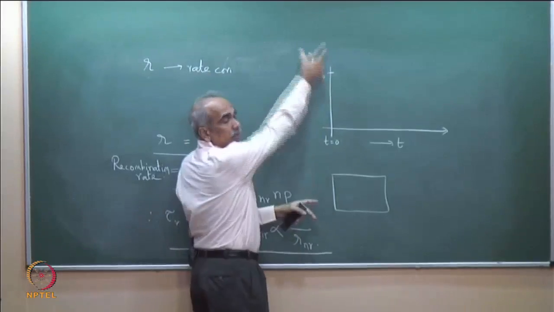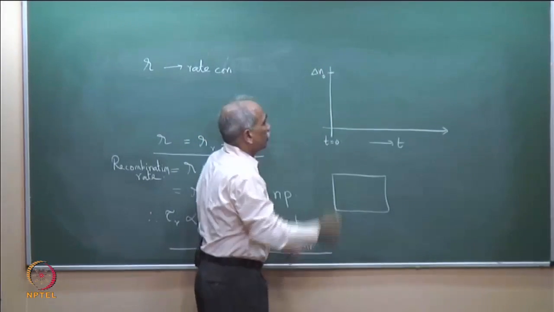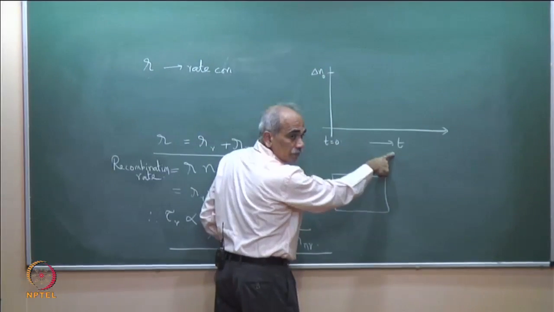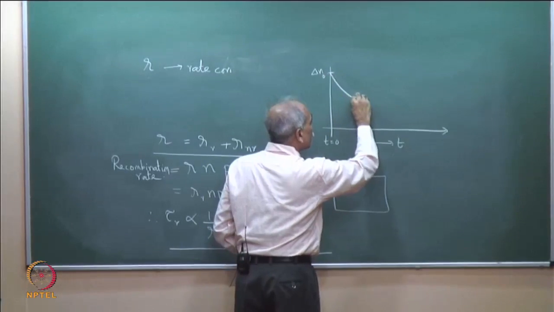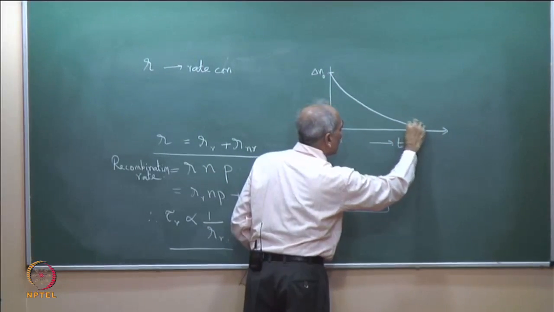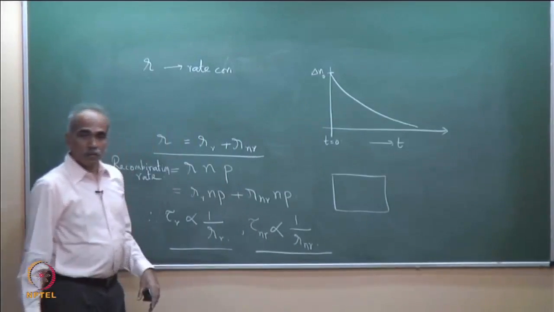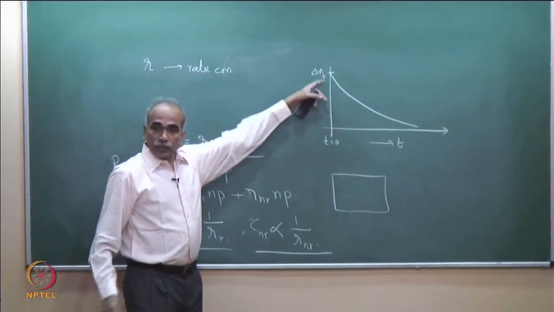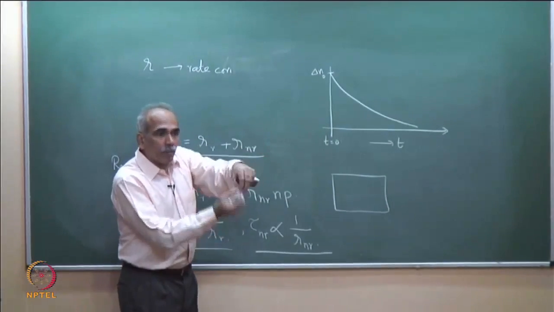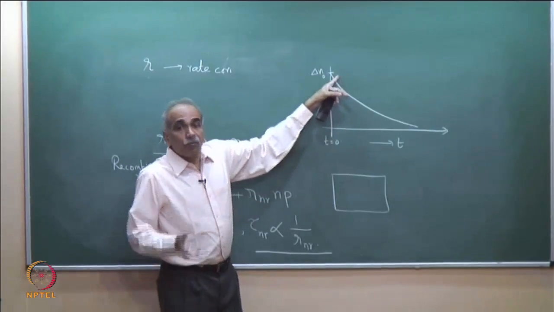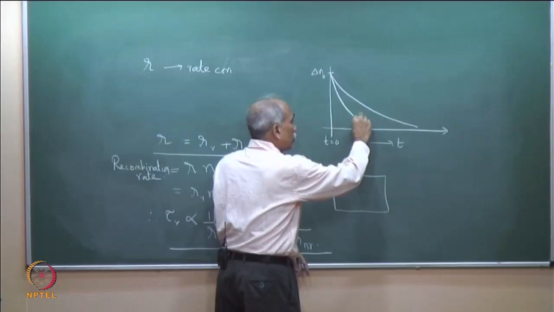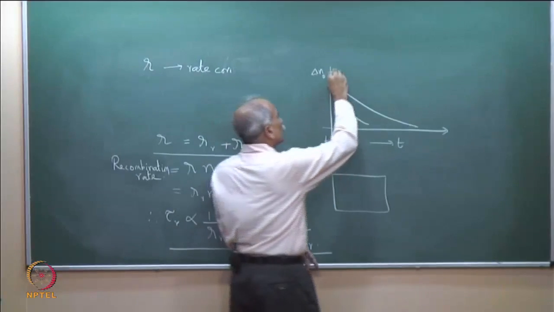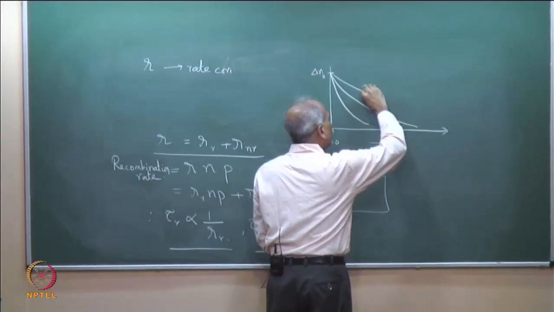Then with time, because of recombination, this continuously drops down like this. The excess carriers go on reducing because they are recombining. If they recombine faster, then this will fall faster. If they recombine slowly, then this will go very slowly.